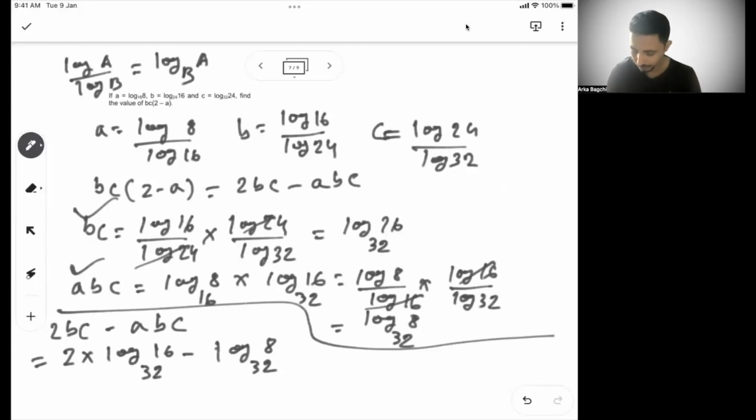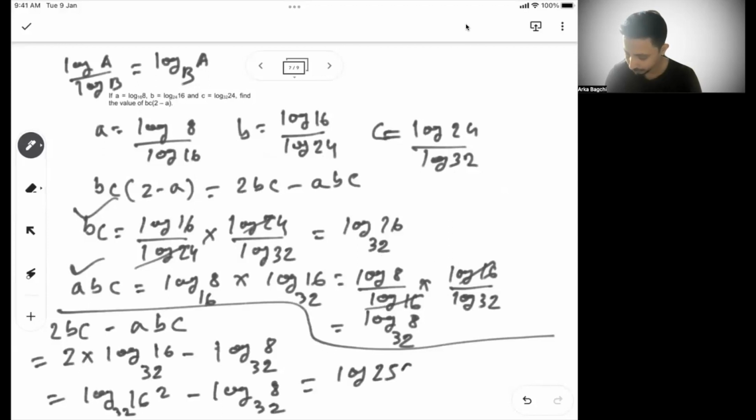So that means this is log of 16 square base 32 minus log of 8 base 32. So from here we can see log of 256 base 32 minus log of 8 base 32, right?